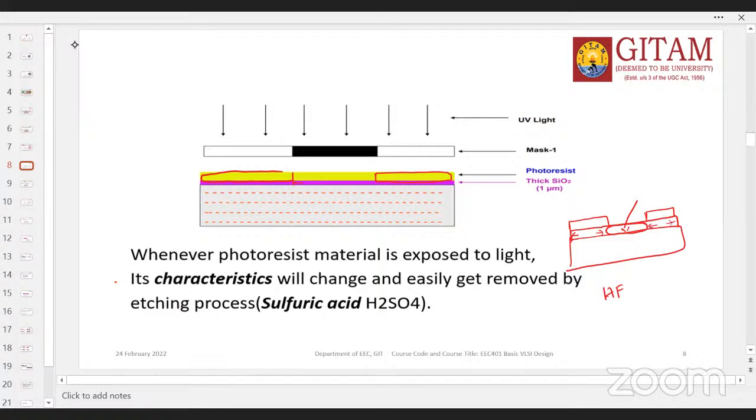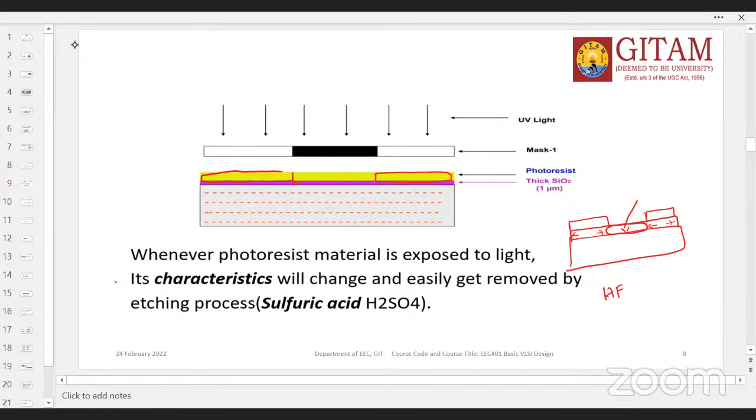Why is it not removed? Because it is covered by photoresist material. The hydrofluoric solution cannot remove the photoresist material, so whatever is under the photoresist is not disturbed. But the middle part can be removed very easily.